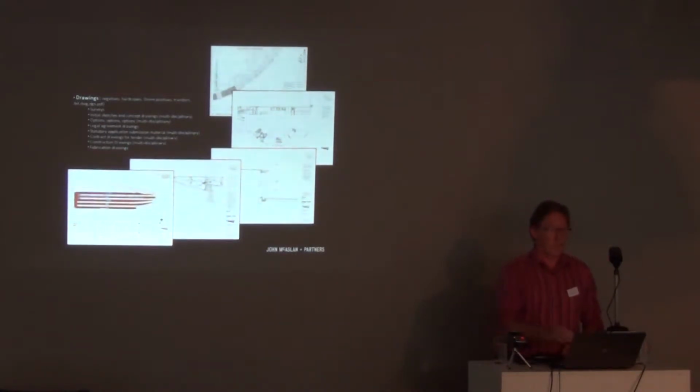We produce drawings, and these form probably about a quarter of the entire archive in terms of digital volume, if you want to call it that. Even that's problematic. I'll come back to that in a second.